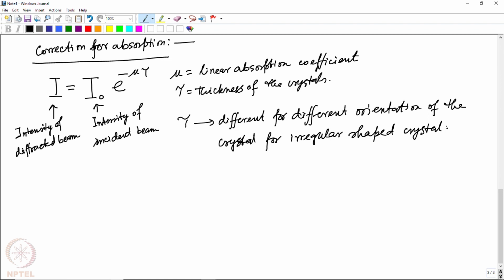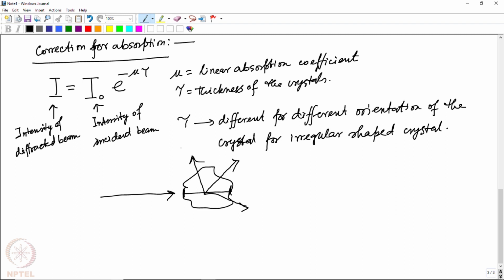What does it mean? Suppose we have a crystal of some irregular shape and at some point the X-ray meets the crystal like this, the path length inside the crystal is this one. But when it gets diffracted, if it gets diffracted in this direction, or in that direction, the path lengths are not the same.